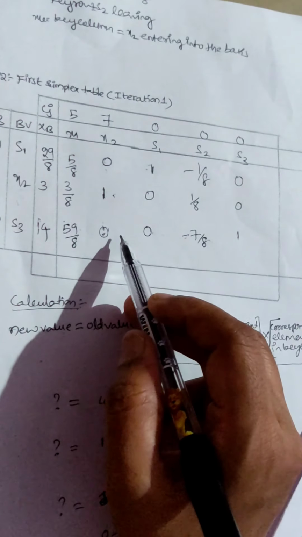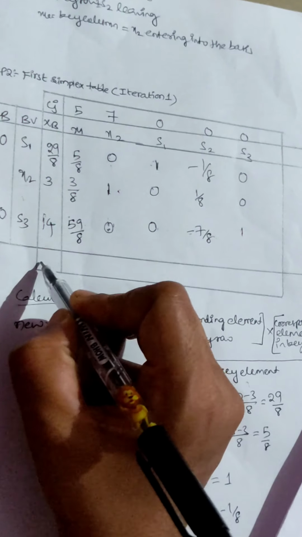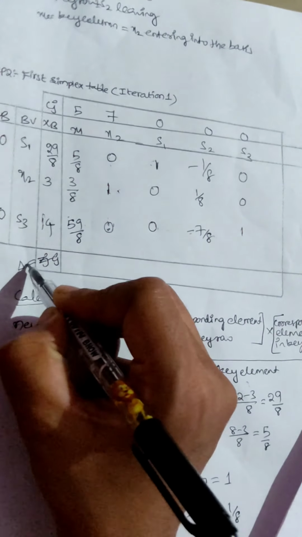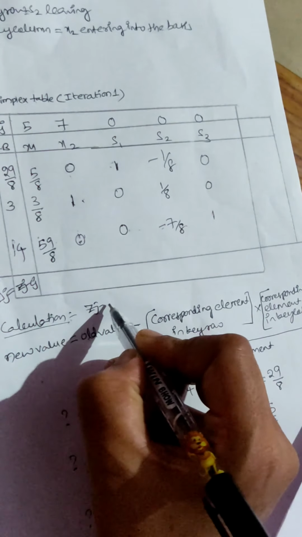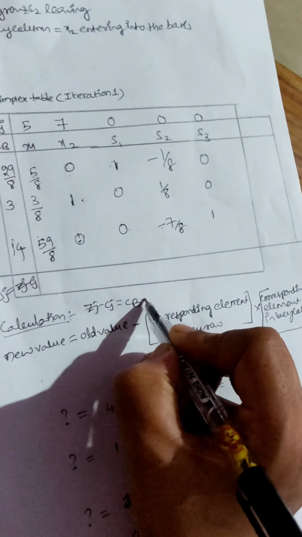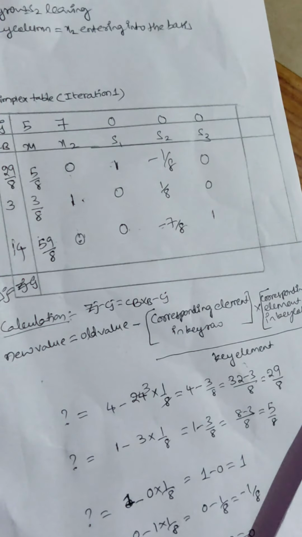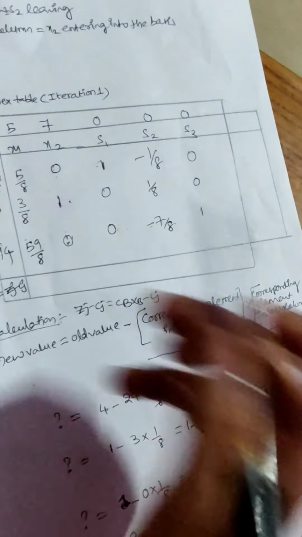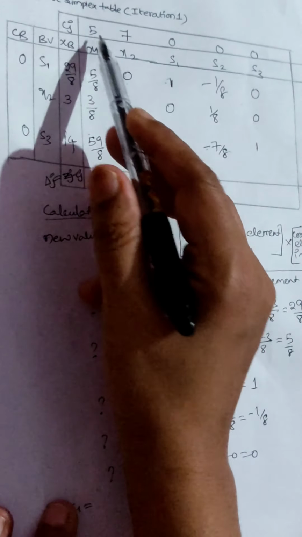Now again you have to find the net evaluation, that is Zj minus Cj, the delta j values. What is the formula for Zj minus Cj? We already know it is Cb xb minus Cj.